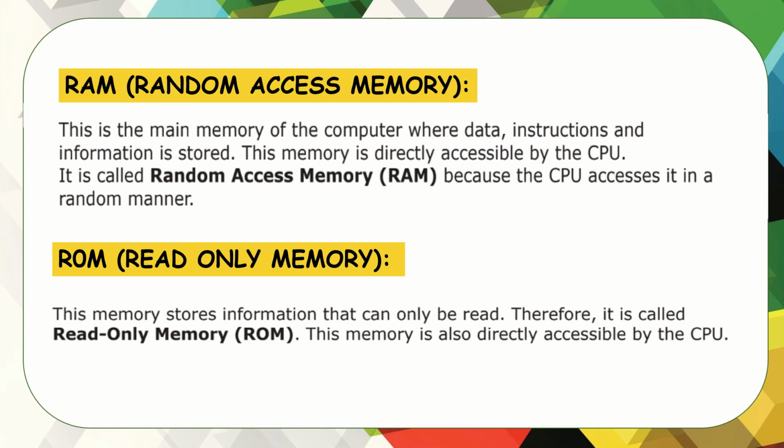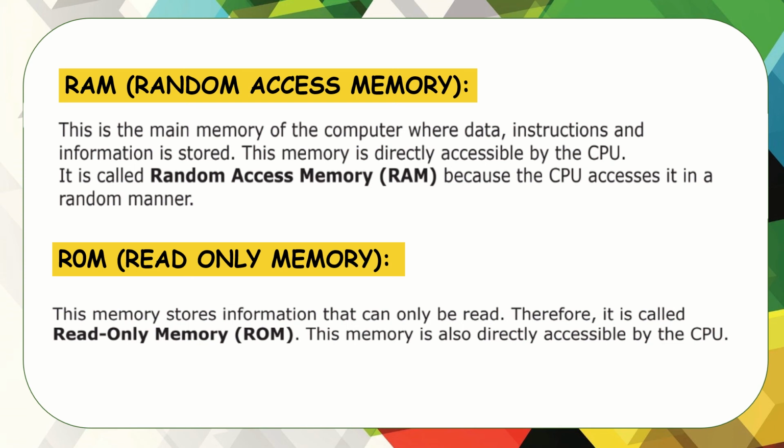And I must say that the operating system that is installed in your computer is stored in ROM. Okay, the operating system is stored in ROM. Do you make any changes in your operating system every time?